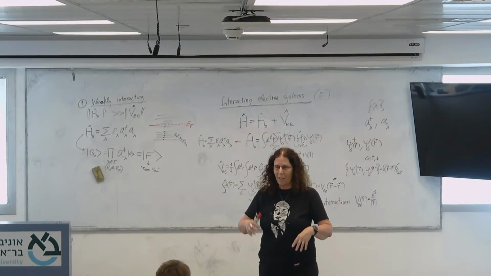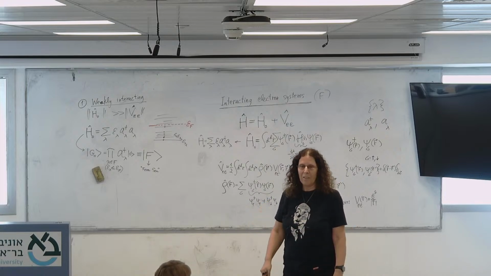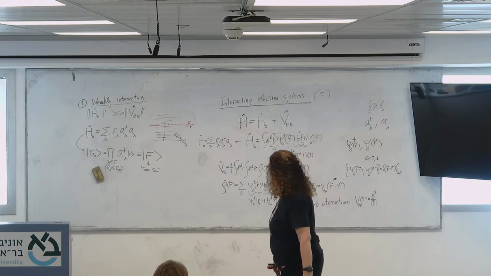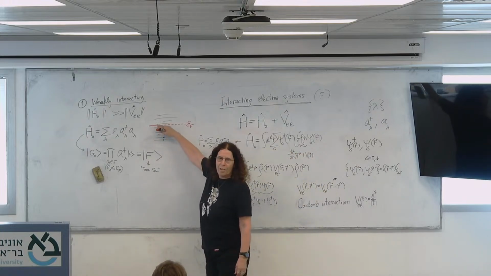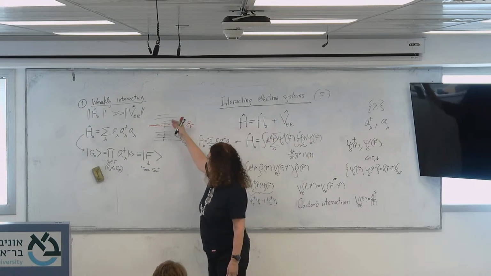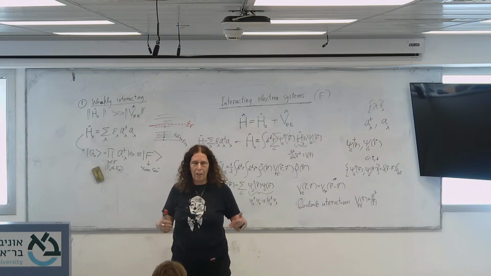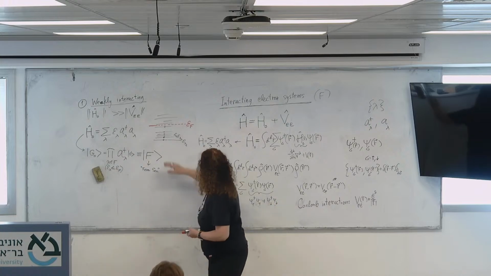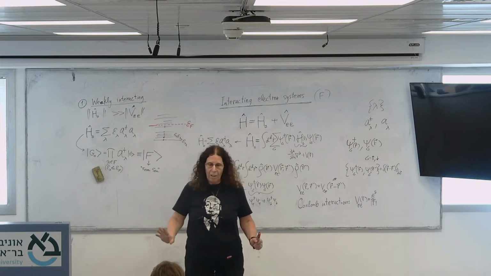Because it's like an ocean filled with particles. If you have a continuum of states, like if the states are described by a k vector in an infinite space, the number of states is infinite. And this is the ground state.